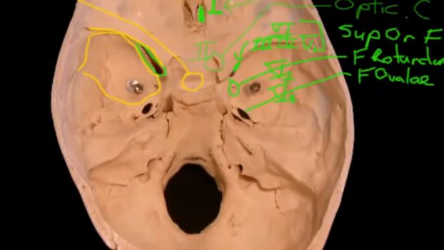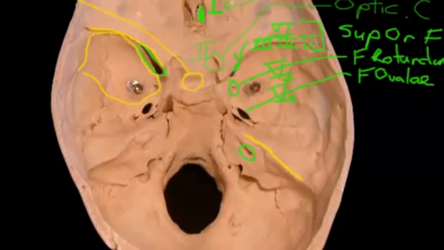It leaves through this foramen just here, in the wall of the posterior cranial fossa. Remember, we said that this rim of the petrous temporal bone running across here is the boundary of the middle and the posterior cranial fossa.